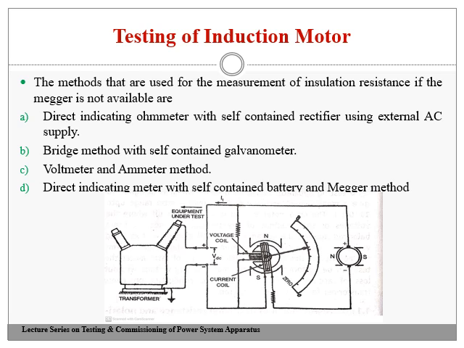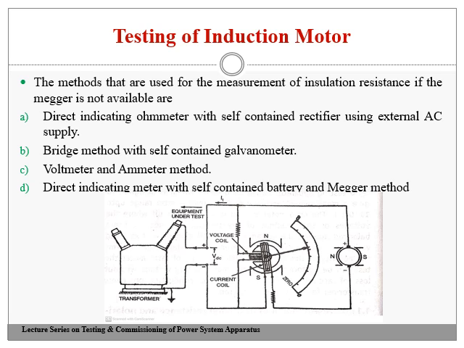Now the potential coil as well as the current coil produce deflecting torque in opposite directions. We'll see how these two produce it. For example, I make a short here. A short means the resistance is zero.